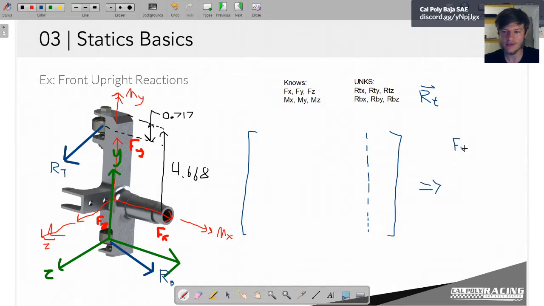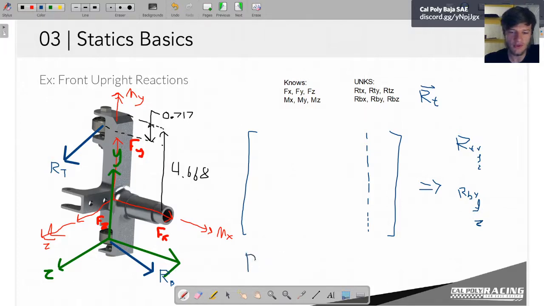This will give us our T x, y, and z, and our B x, y, and z. And there's actually, if you guys have a TI-84, there's this function called polysmlt2.